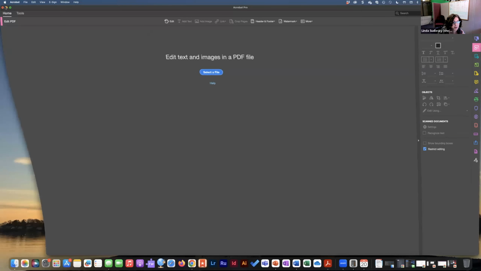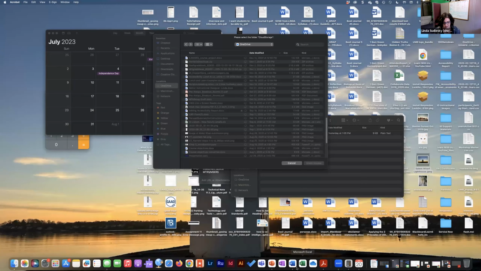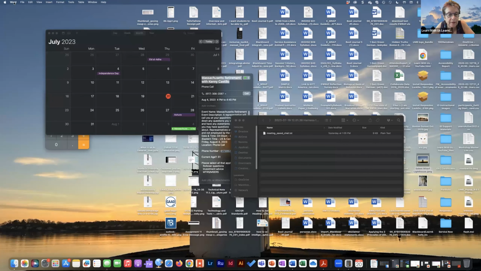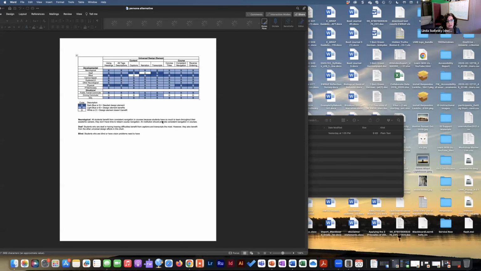I have everything open under the sun. I apologize about that. Actually I have nothing open, but if I go to Open Recent, that's what I was thinking. Here it is, but that's what I just tried doing, Ellen, and it didn't open. Did you move it? I don't think I did, but bear with us, folks.